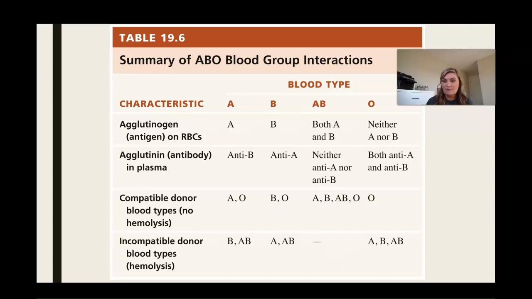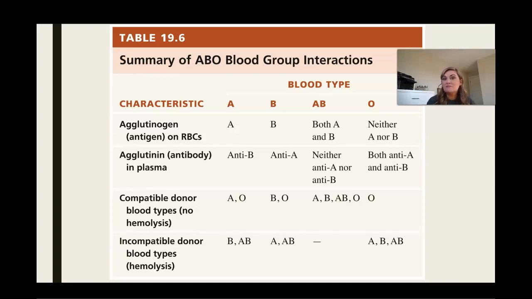AB blood has both A and B antigens on the outside, and so the antigens are those proteins that you saw on the outside of the cell membrane. And so it does have the A antigen and the B antigen. It doesn't have antibodies for either anti-A or anti-B.